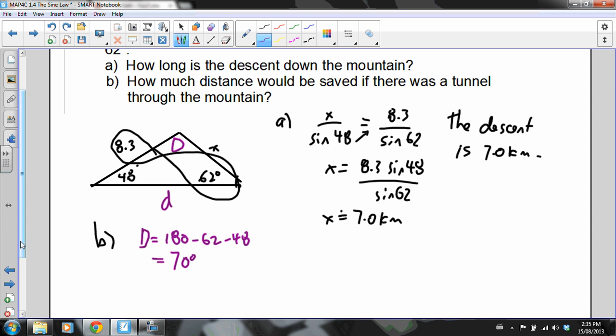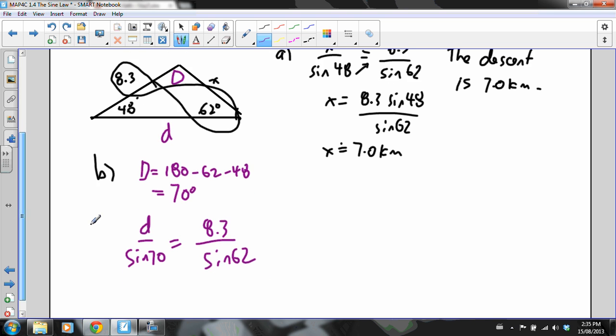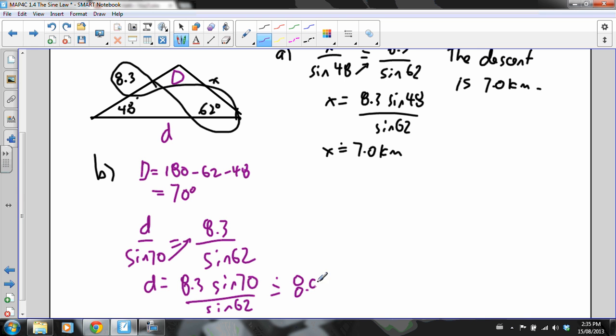And so now I can use the sine law a second time to find out how long our tunnel's going to be. Use our angle side pair, sides on the top. Cross multiply. And I got from the calculator that was about 8.8 kilometers.